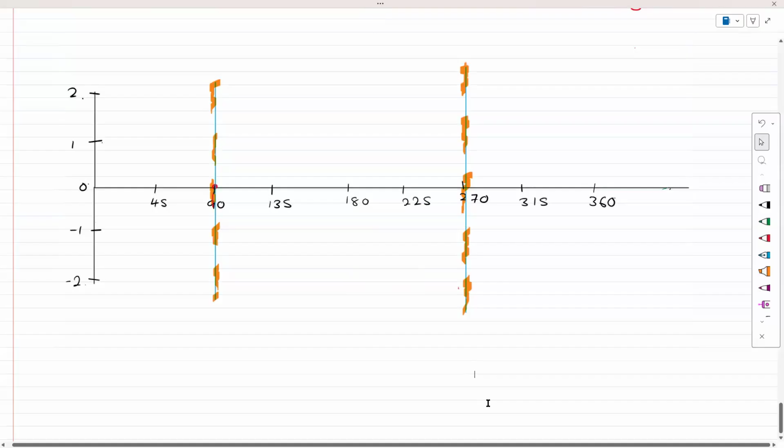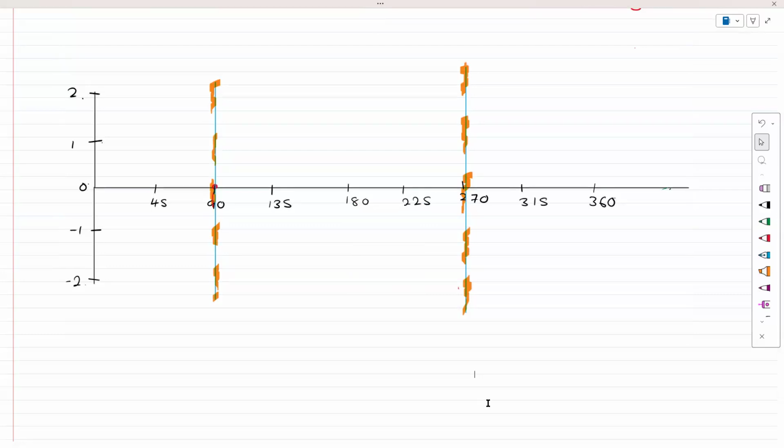We're going to deal with mode, table, tan shift x, close there, g of x, start at 0, end at 360, step in 45s, and we deal with it.